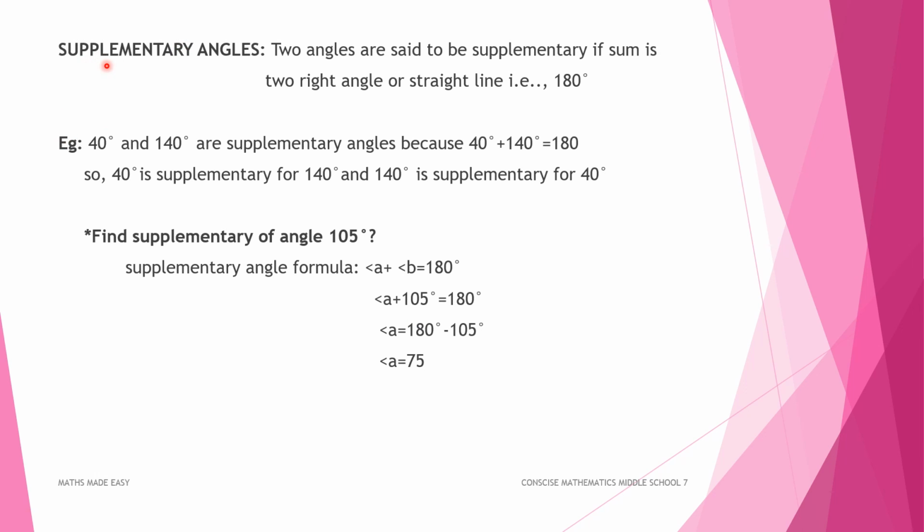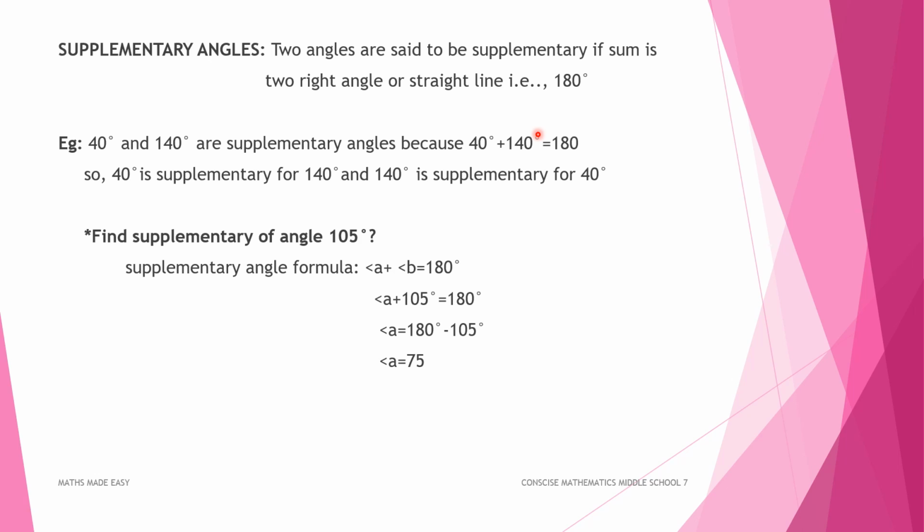Here, supplementary angle. Two angles are said to be supplementary if the sum of the two angles is 180. In the previous complementary case, the sum of angles was 90 degrees. In supplementary, the sum of angles is 180 degrees, that is a straight line. When you add the two angles, if you get 180, then it is a supplementary angle.